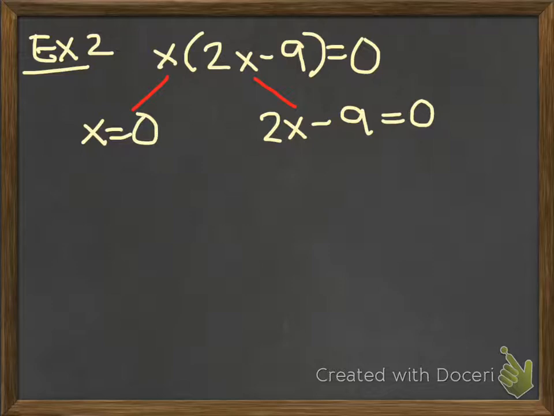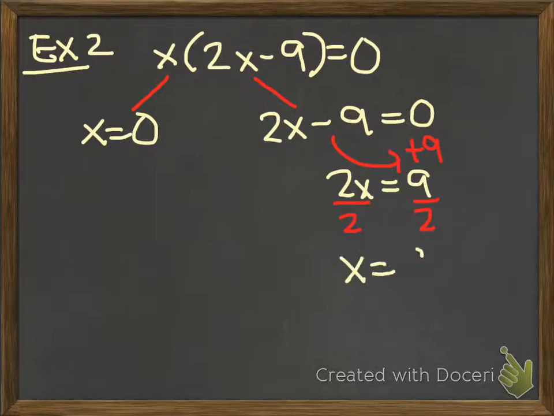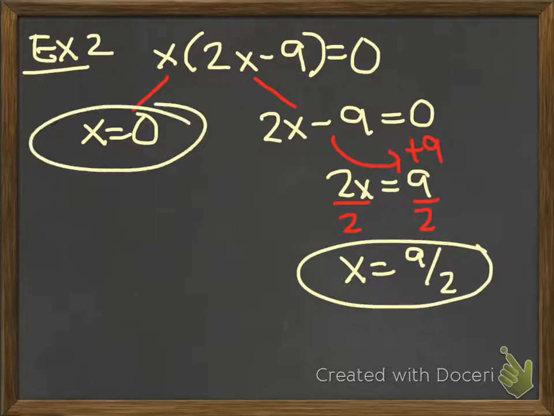So you're going to add 9 and then divide by 2. So x equals 9 over 2 is one of the answers, and x equals 0 is another.